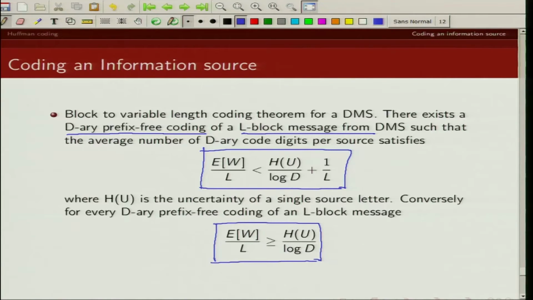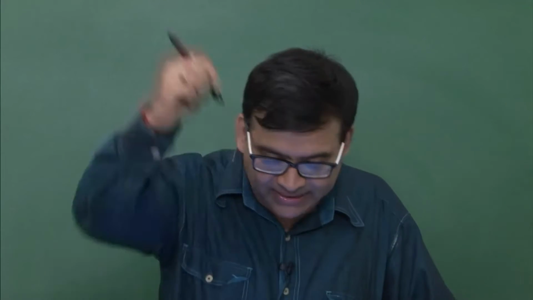We already have computed bounds on optimal code word length for coding a single random variable. We are going to extend that result to the case when we want to encode a source of length L.